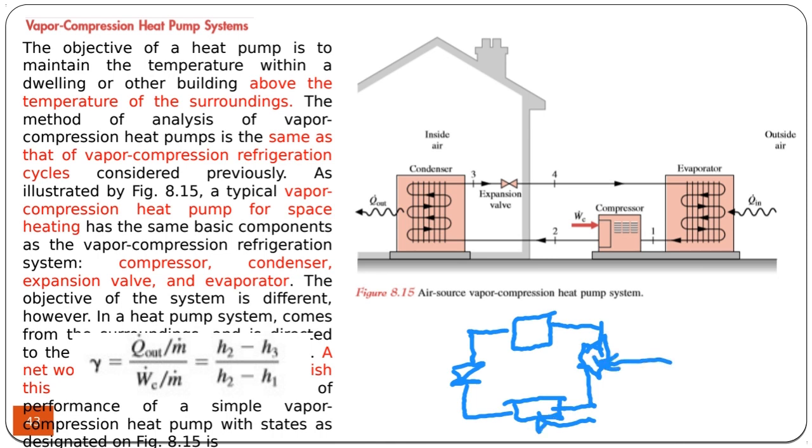In the condenser, heat is rejected, and nothing happens in the expansion valve because enthalpy remains the same. So in a refrigerator, we use this side. We keep inside the refrigerator cold. Or in an air conditioner system, during the summer, we keep the room cold.